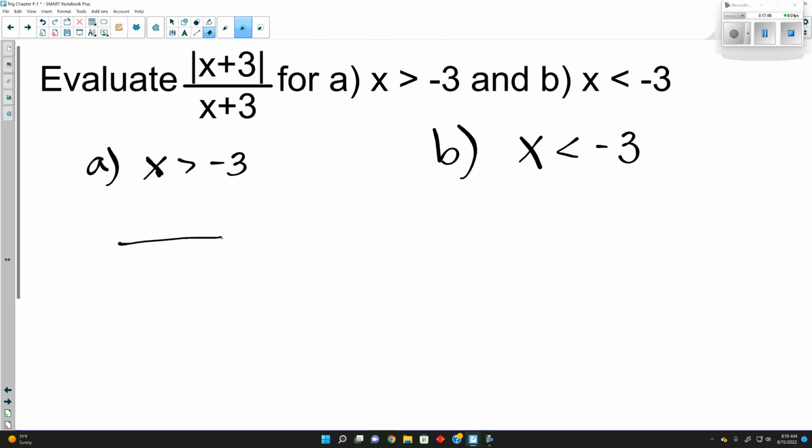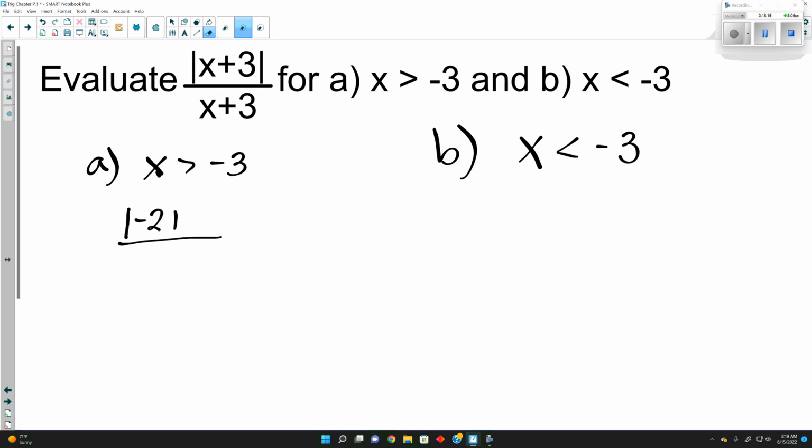But if we're talking about numbers greater than -3, what do we know is going to happen to what's inside the numerator? Is it going to be positive or negative? Well, it's going to be a positive value, yes? Because a number greater than -3 would be, say, -2. So let's use that to help this make a little more sense.